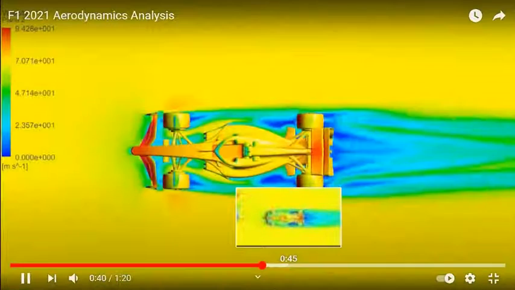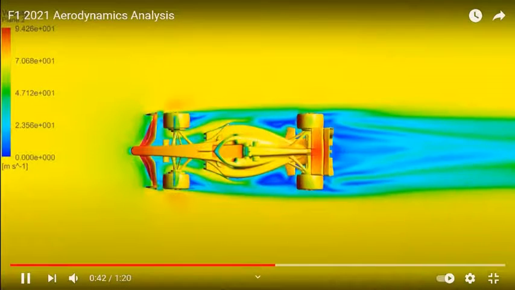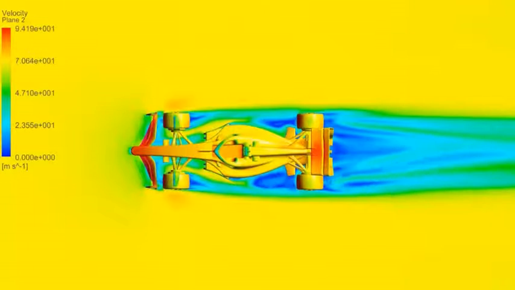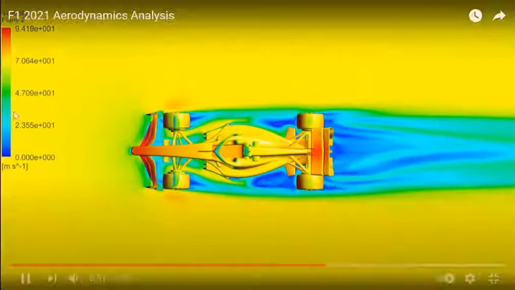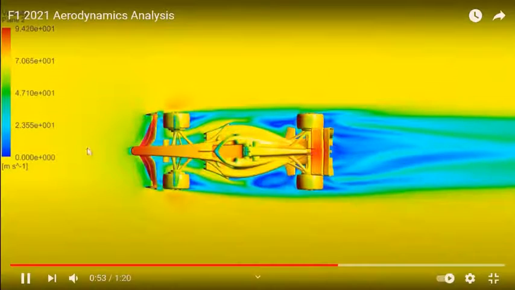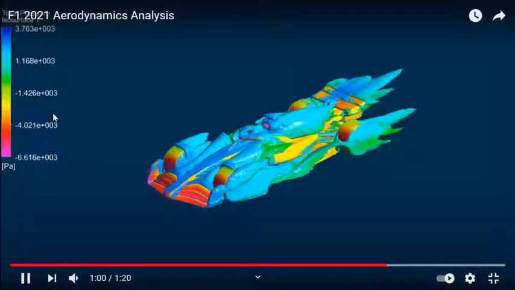In this movie we can see the different colors, green, blue, showing the changes of velocity. This is the speed, 94. Sorry, this is the pressure.